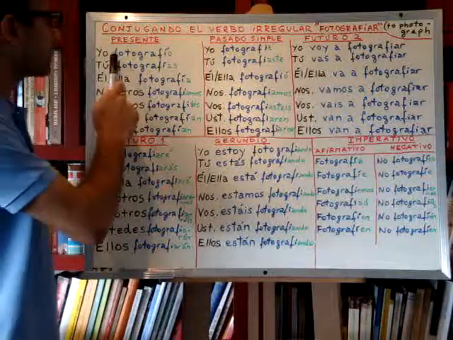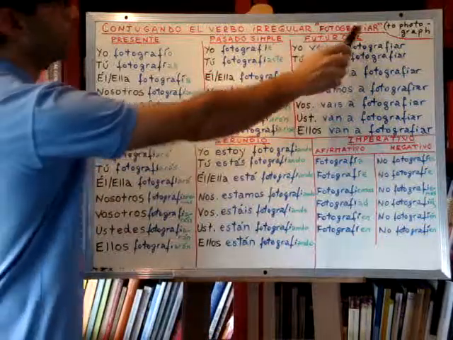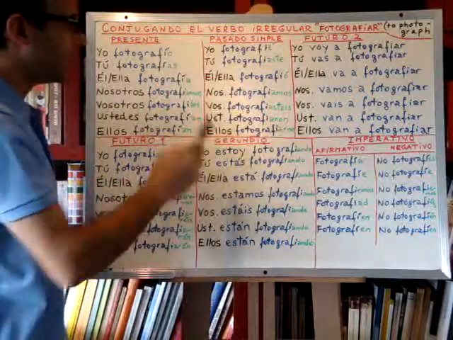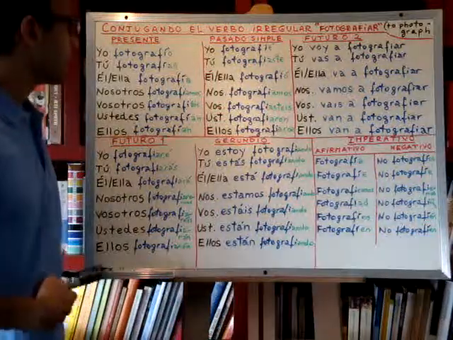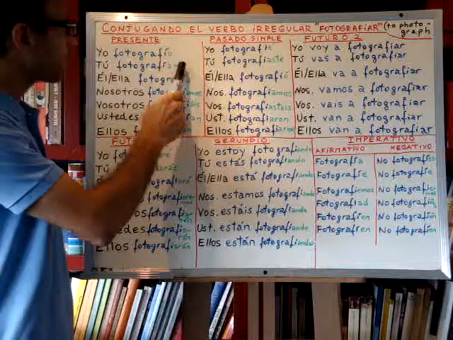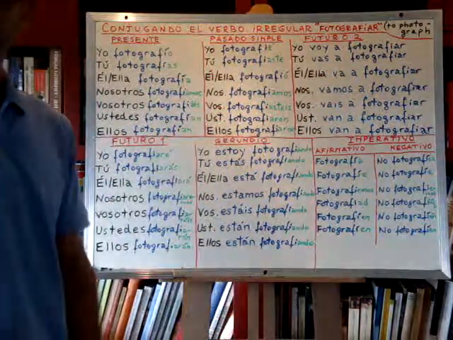So you can see here in blue the root of the verb, okay? And in green is the ending of the verb, right? Actually, you can see how the ending is the same ending for all the regular verbs.